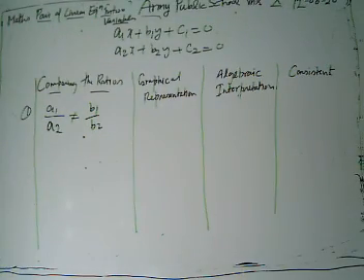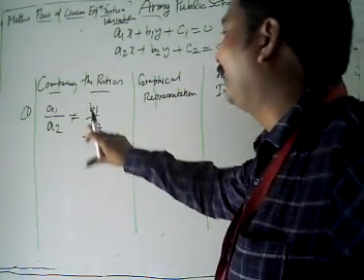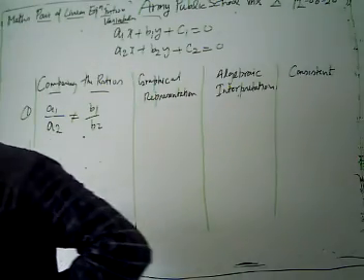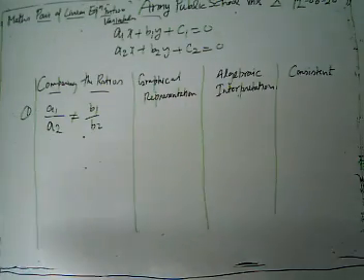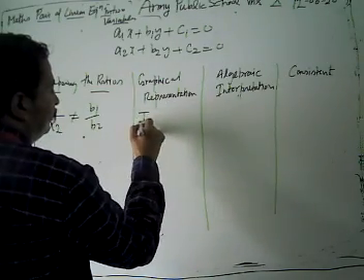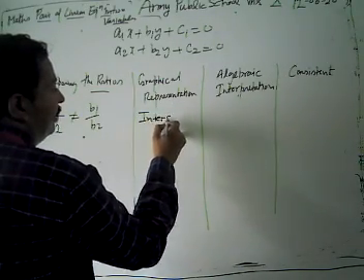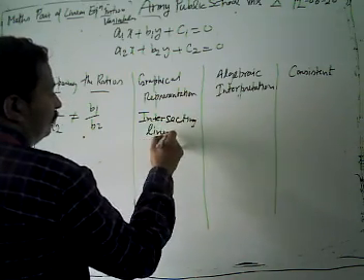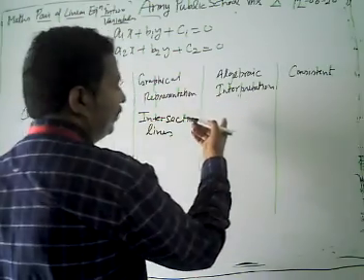When the ratio of the coefficients of x is not equal to the ratio of the coefficients of y, then in this case our lines are intersecting. What is our algebraic interpretation?